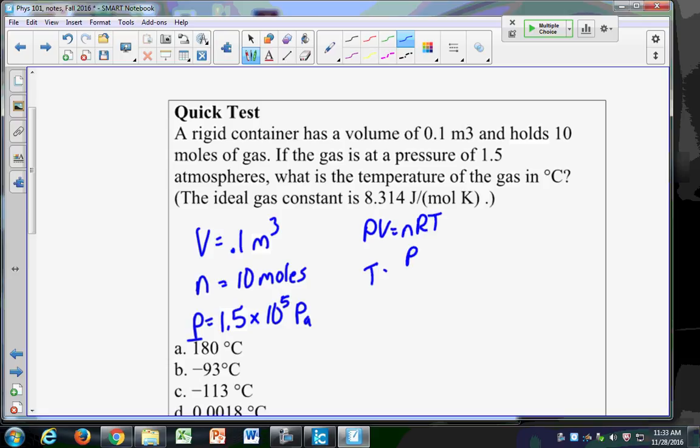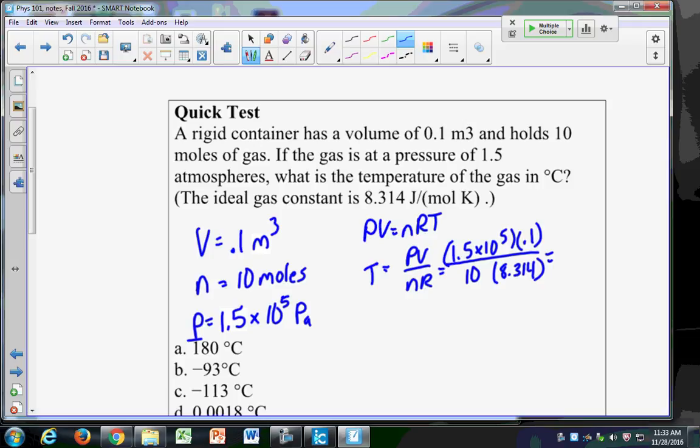T is PV over nR. And I get 1.5, 0.1, 10, and 8.314. And that gives me the temperature. What do I get when I do that?